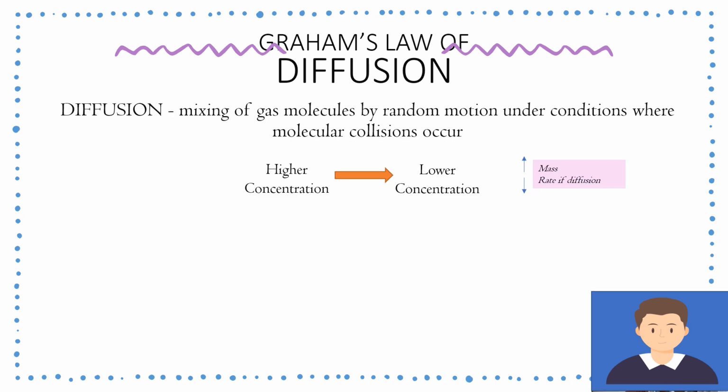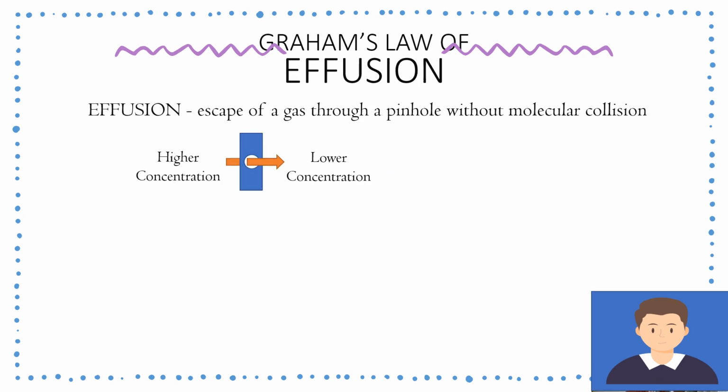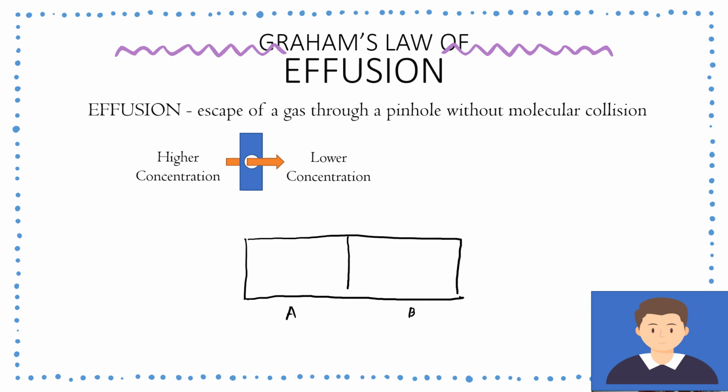So what is the difference to effusion? Effusion is the escape of gas through a pinhole without molecular collision. So imagine we had the same container, the same gas A and gas B, and a barrier between them.